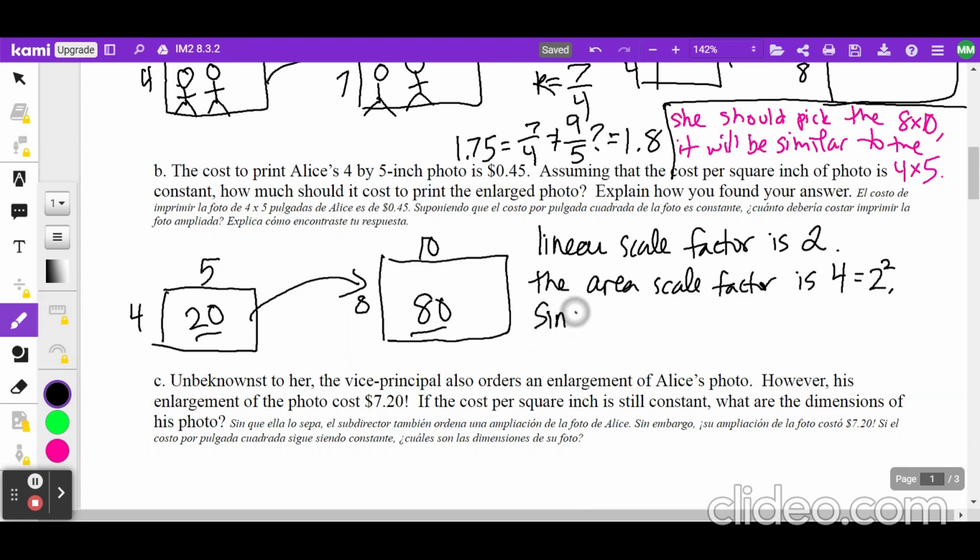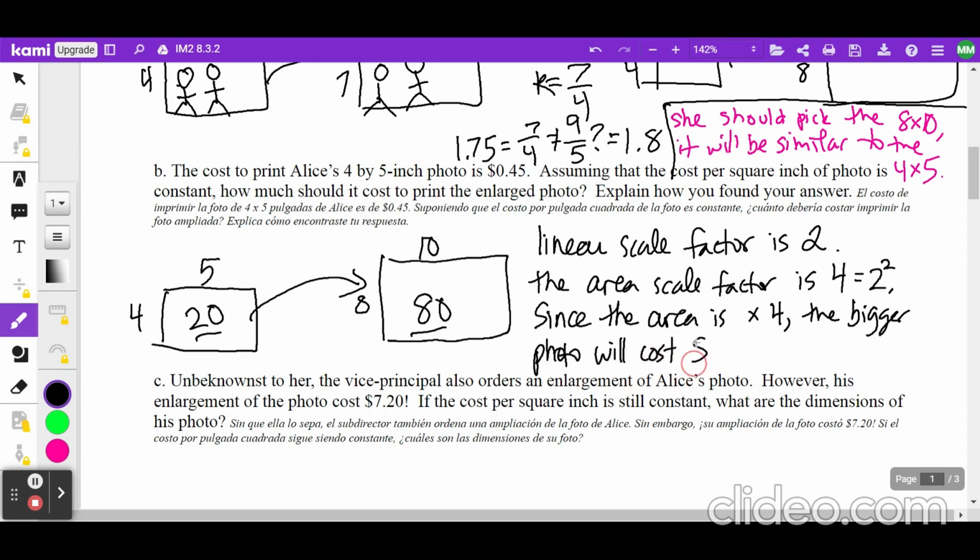Since the area is times 4, the bigger photo will cost 4 times 45 cents, which is, let's see, 20 cents less than $2, $1.80.